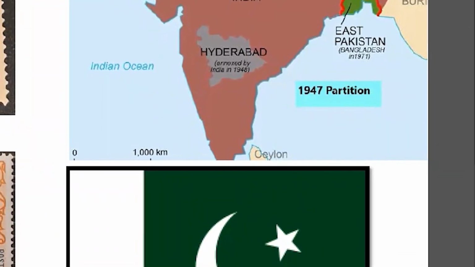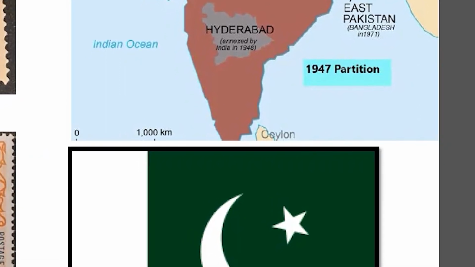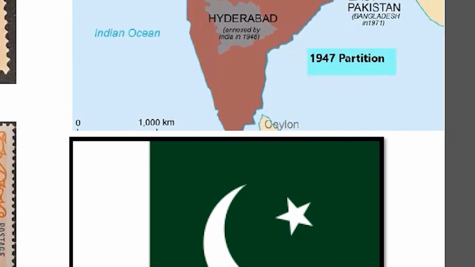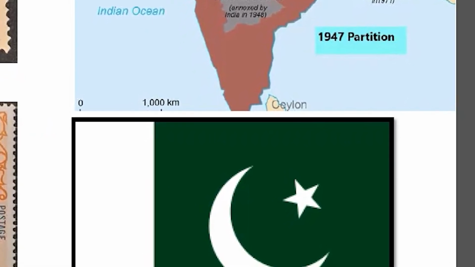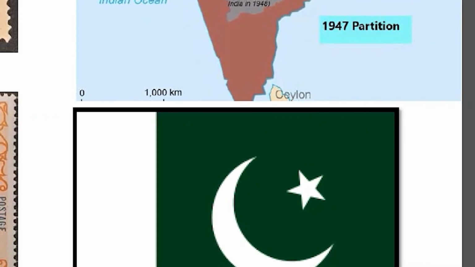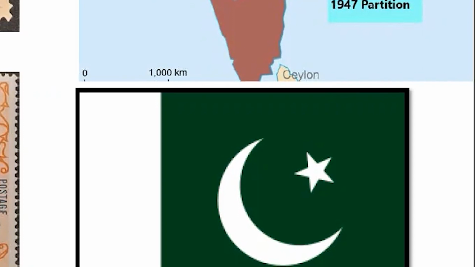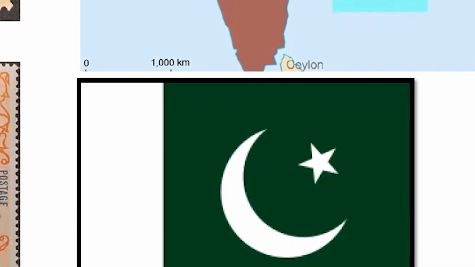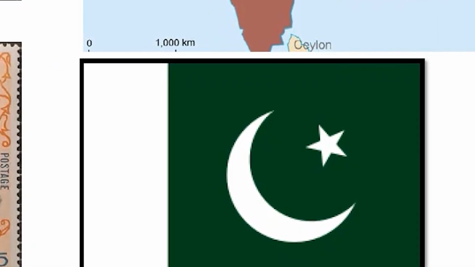Now the problem that we see here is that West Pakistan is very far from East Pakistan, right? East Pakistan eventually became Bangladesh in 1971. And I guess one of the reasons is that they weren't close enough, and there were many issues during that time. Okay.